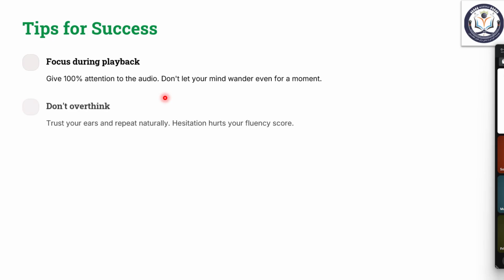So don't do that. The next thing is don't overthink. When I say overthink, it means that when you listen to that one, don't think a lot about what the sentence was or which word is missing or which word you didn't get. Don't think too much about how to say the sentence or how to pronounce the sentence.